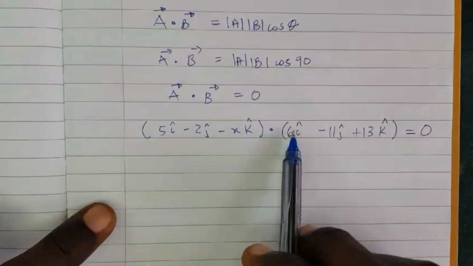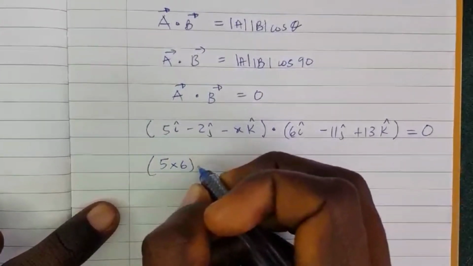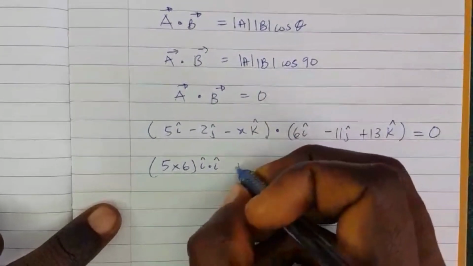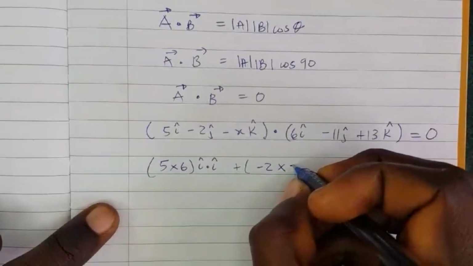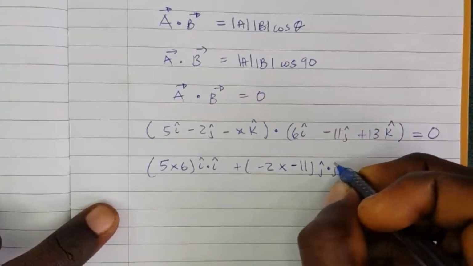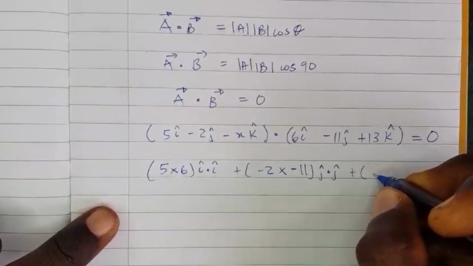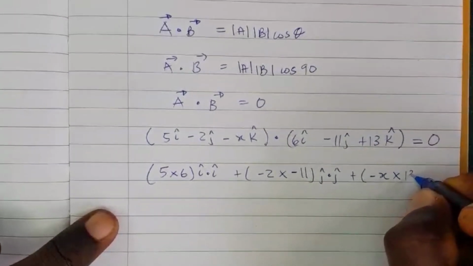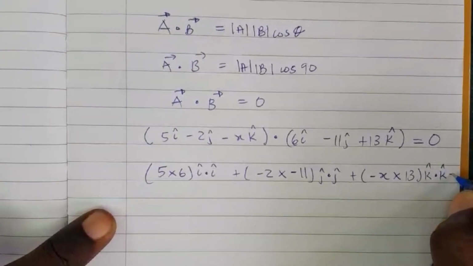So we are going to have 5 multiplying 6, then i hat dot i hat, plus, in bracket, minus 2 times minus 11, then j hat dot j hat, plus, in bracket, minus x multiplying 13, then k hat dot k hat, and this should be equal to 0.